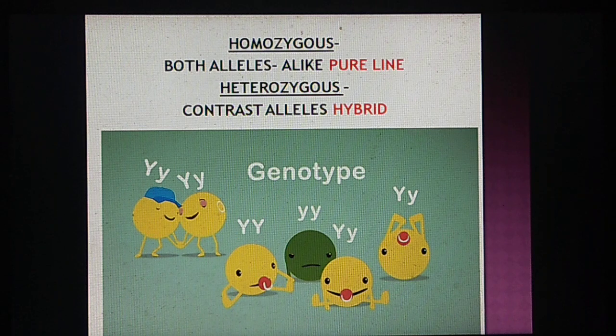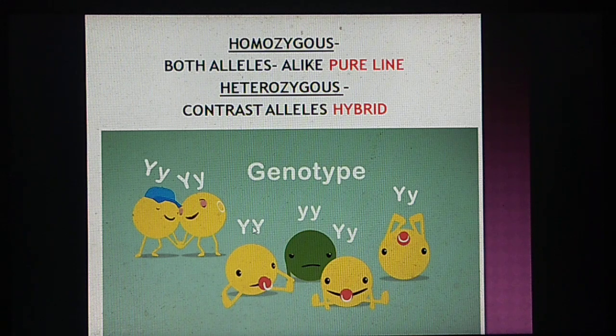For example, these are the genes or alleles which are shown here. Capital Y, small y is what? It is heterozygous. Capital Y, small y, heterozygous. So, it is hybrid. Capital Y is homozygous, since the alleles are alike.